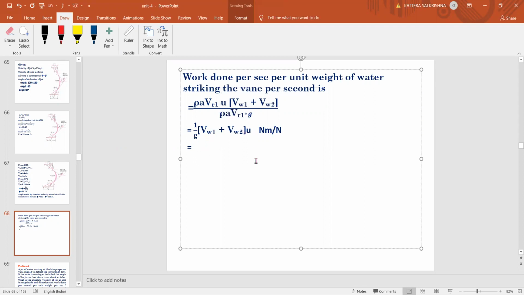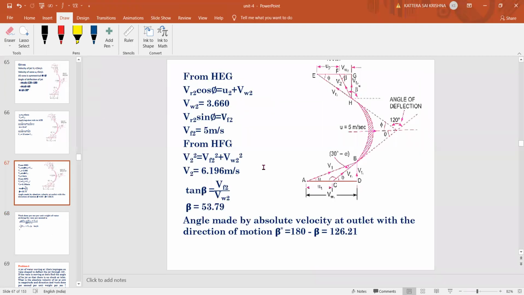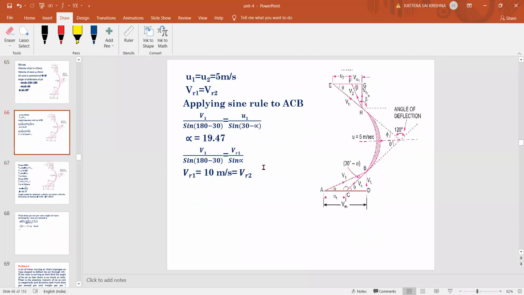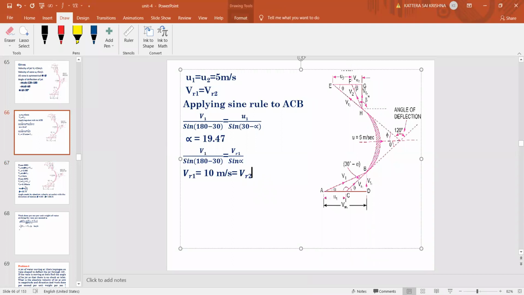Right. So substitute the values of VW1. Have you calculated VW1? How will we get VW1? That is V1 cos alpha. If you do, you get VW1. Okay, we'll write here.